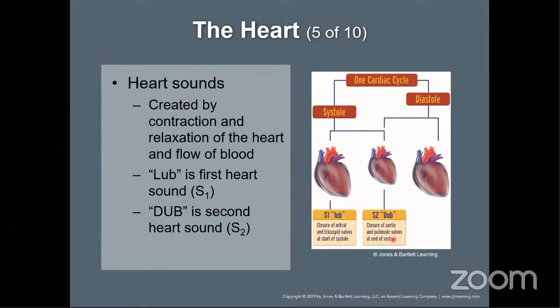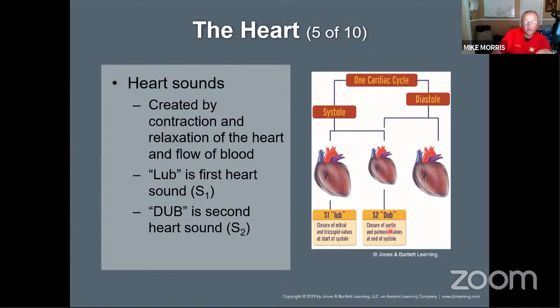So is that like when we're listening through the stethoscope, hearing that doom, doom, doom? Yep. Well, that's blood pressure that you're talking about there, but this would actually be something that you would hear with a stethoscope if you placed it over the heart. And you just listen to that. Okay.